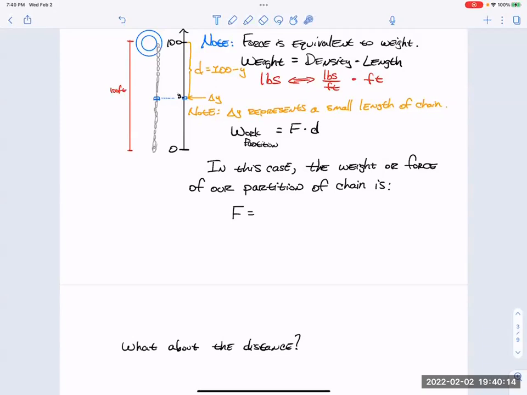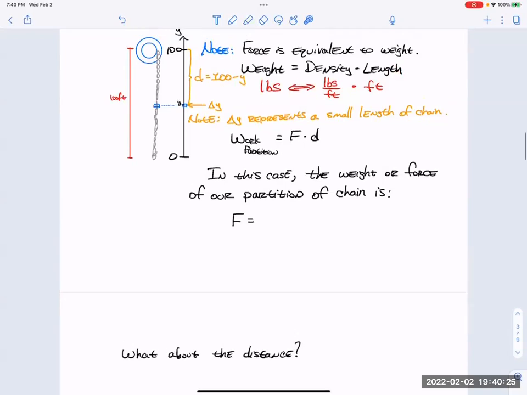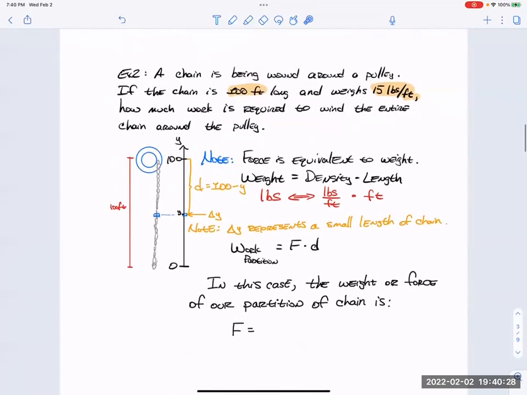Now we have to go back to what I wrote up here. What's the weight or force of that chain? It's the density of that chain times the length. Now remember, if we go back to the original problem, they gave you what? Right here, 15 pounds per foot. This is actually a density. Okay, so maybe I'll make note of that. It's a density. It's 15 pounds per foot.